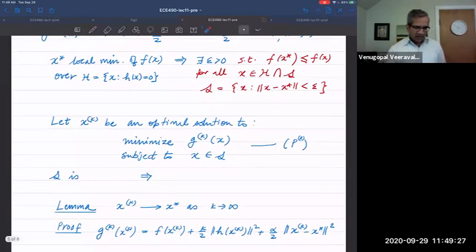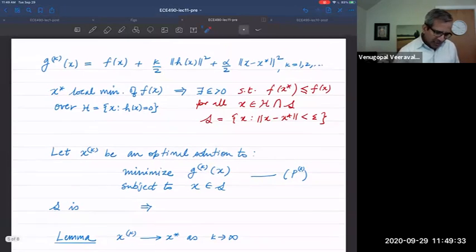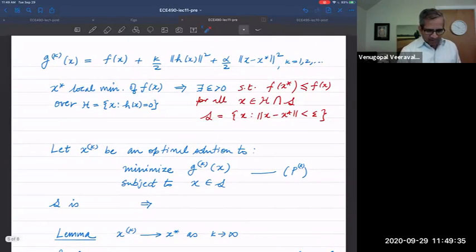Now let's look at the function g_k. We actually want to solve g_k as an unconstrained problem, but it'll turn out that it's easier to first look at the minimization of this g_k function under a constraint on x belonging to this epsilon ball.